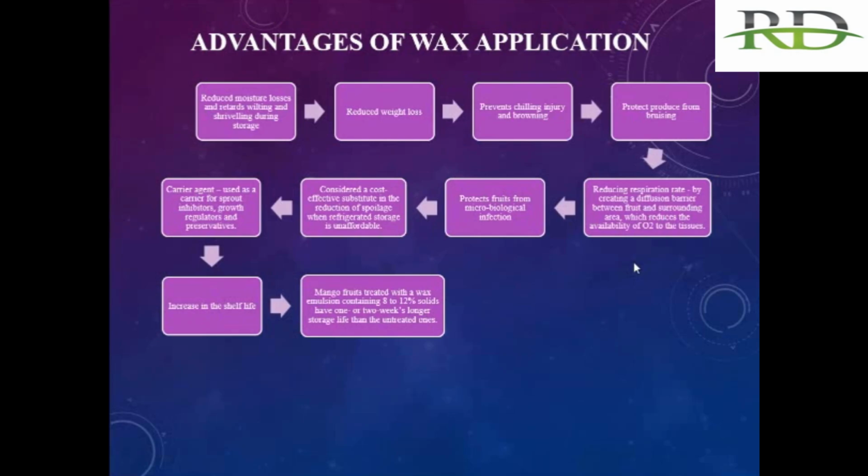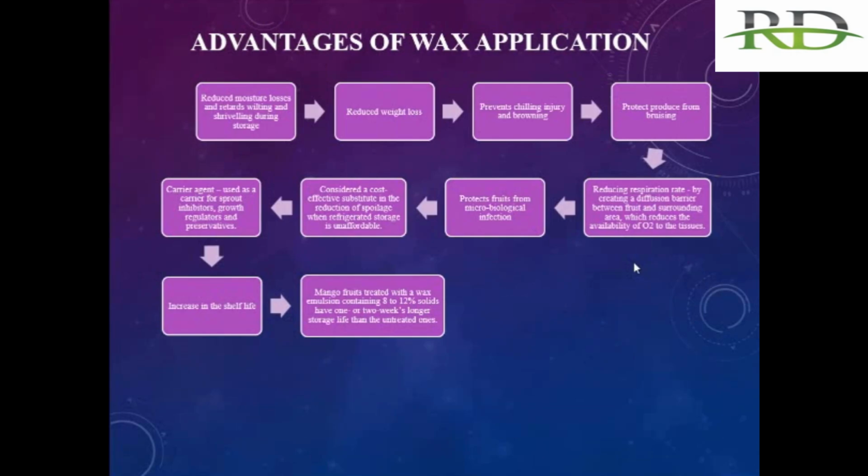It is a cost-effective substitute in the reduction of spoilage when refrigerated storage is unaffordable. It protects fruits from microbiological infection. Respiration rate can be reduced by a diffusion barrier between fruit and surrounding area, which reduces the availability of oxygen to the tissues.